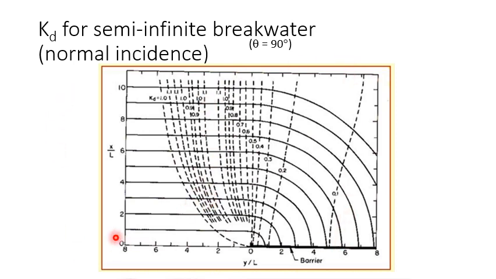We notice that the KD value equals 1 in this dashed line, meaning that the wave on the left hand side of this dashed line is not diffracted.